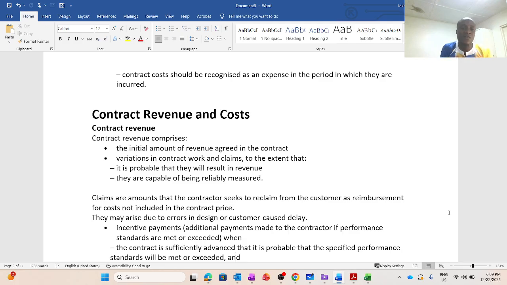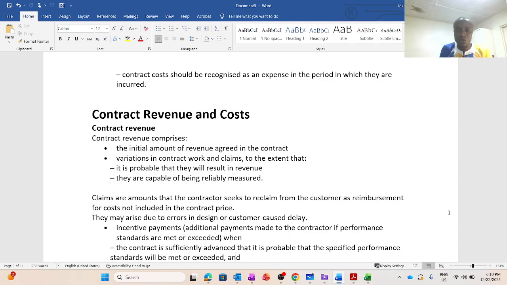So now what IFRS 15 is saying is that if the condition is probable, if there is a greater than 50% chance that the construction company will be able to achieve the construction within the conditional period, then we need to include that bonus as part of the revenue. Also, if the amount can be measured reliably, for my example, I mentioned about 10% of the revenue. So automatically, of 5 million, 10% of it can be measured reliably.